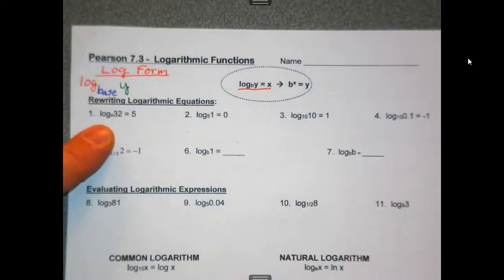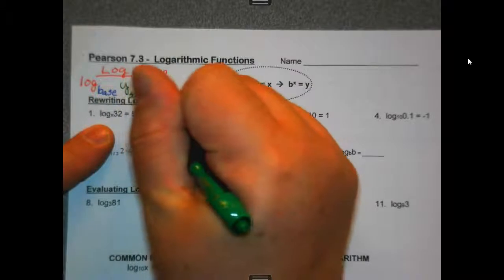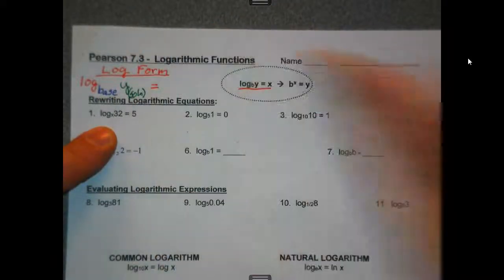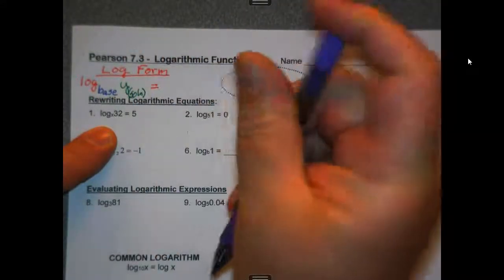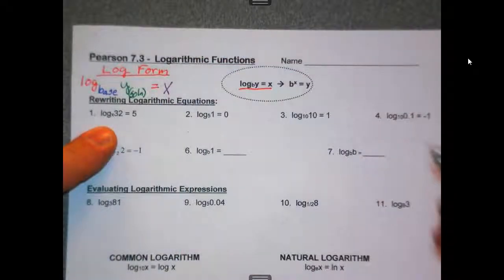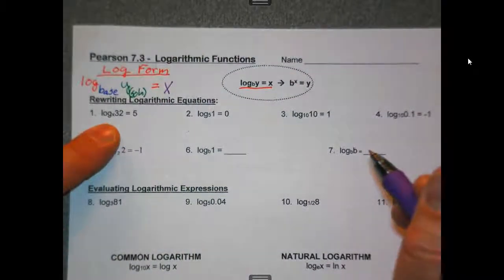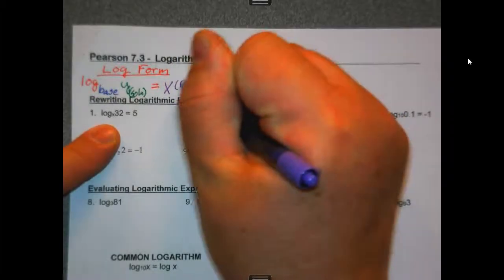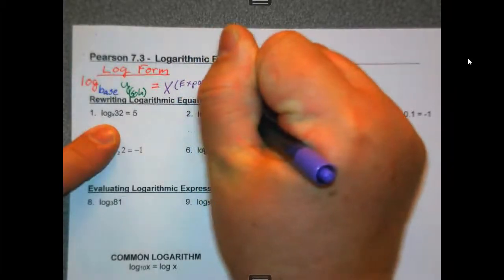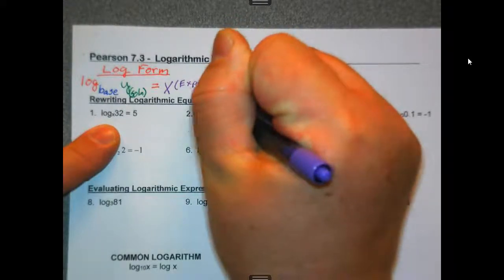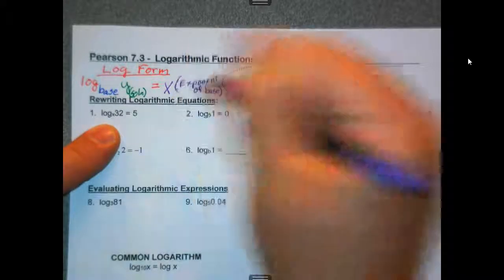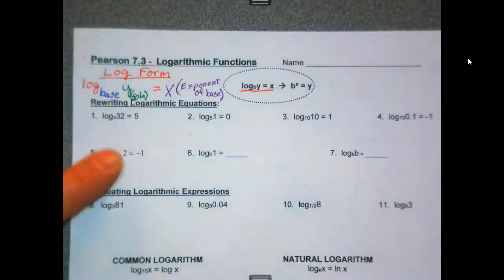We're going to just call it our solution, or some number, that equals our x, which is actually the exponent of the base. Got it? That's log form.